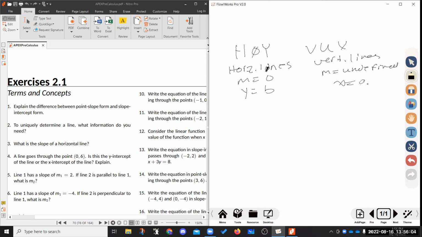Their equation is x equals a constant that we're going to call a. Because we're thinking of our ordered pairs as a, b, when we have the x coordinate and the y coordinate doesn't matter, it's x equals a. When we have the y coordinate and the x coordinate doesn't matter, it's y equals b.